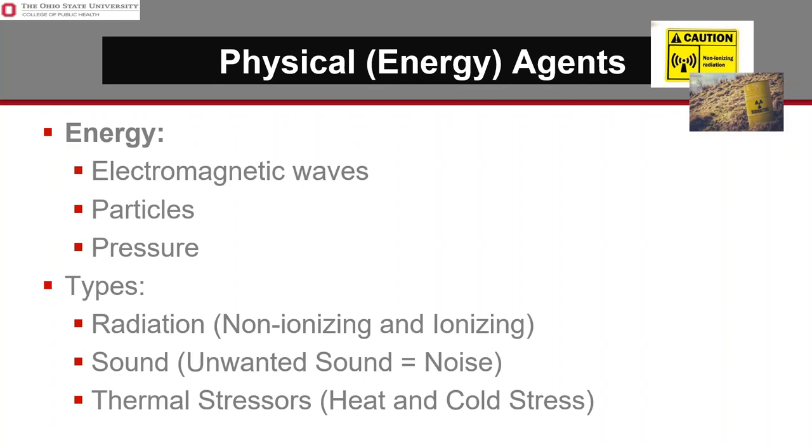And pressure refers to the physical agent subcategory of sound or unwanted sound that we call noise. And so these are some of the generalized specifics that characterize physical agents, and these represent three major subcategories.